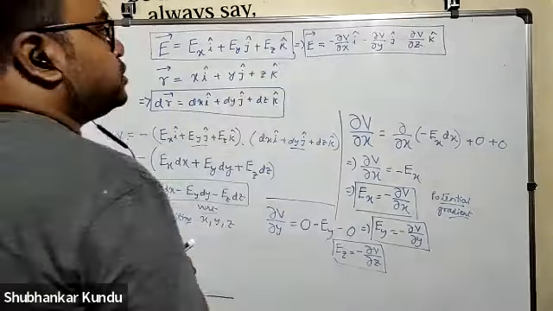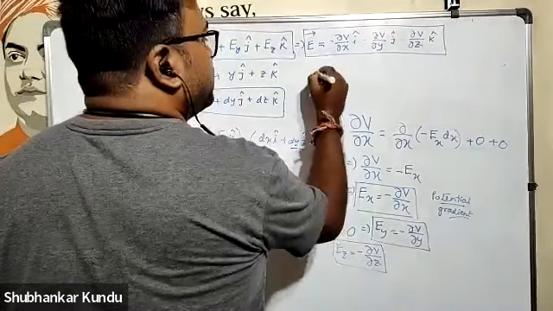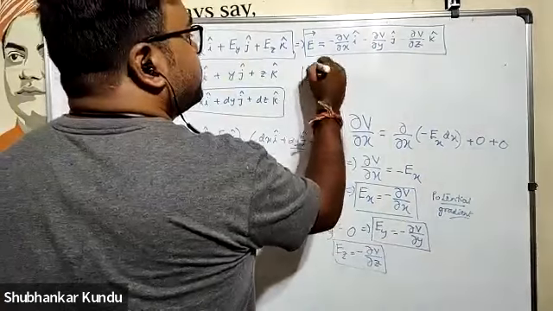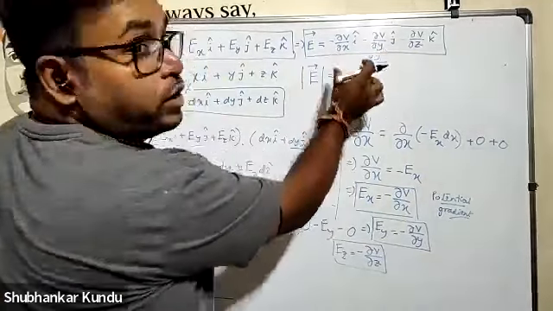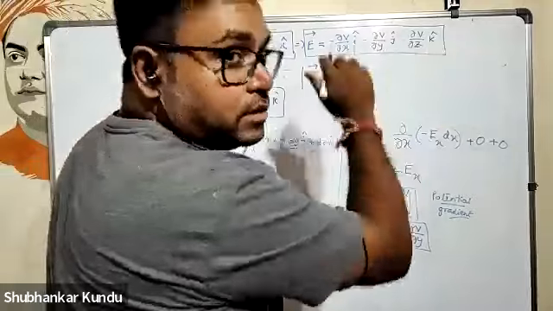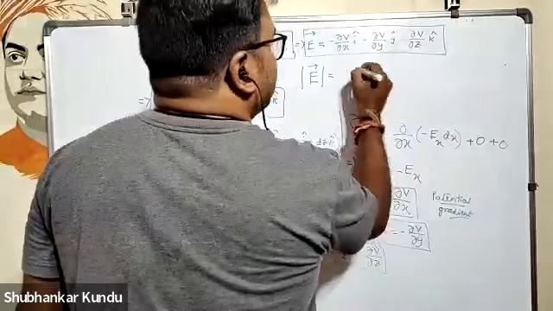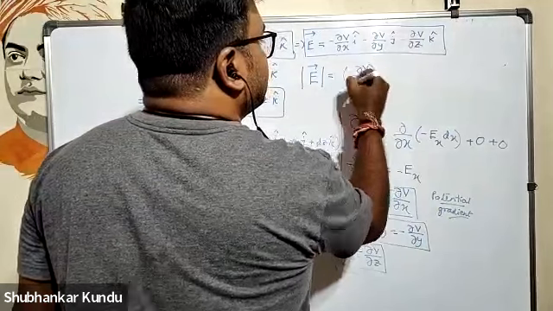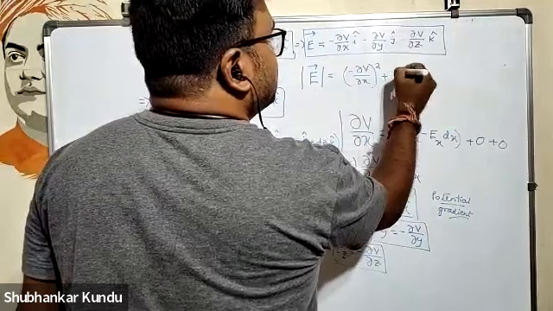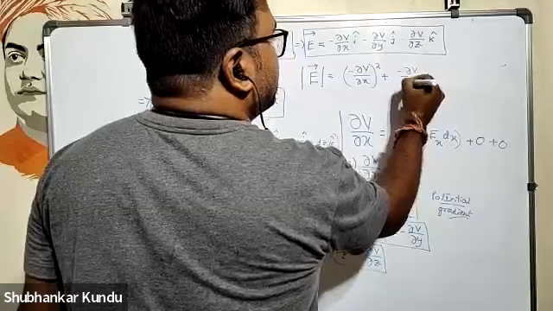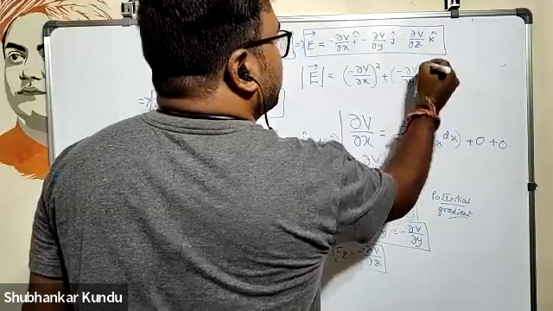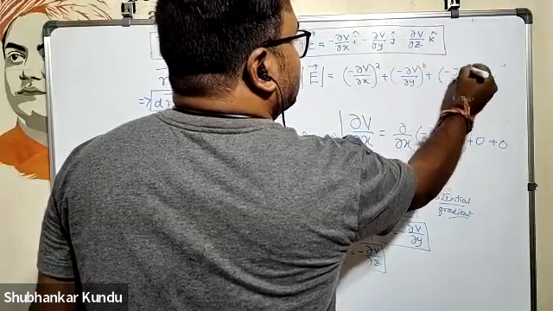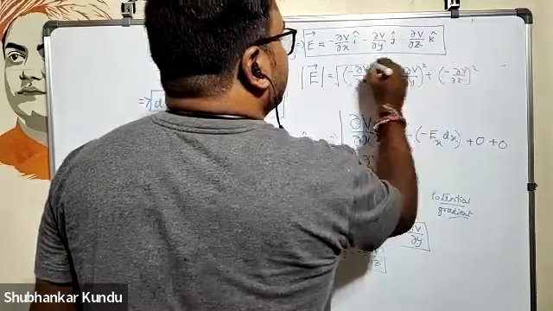What will be its magnitude? Magnitude will be this square plus this square plus this square, root. Minus del V del x square plus minus del V del y square plus minus del V del z square, root.